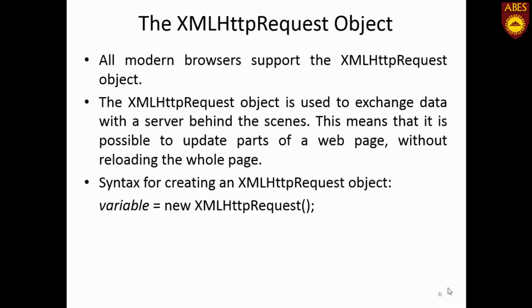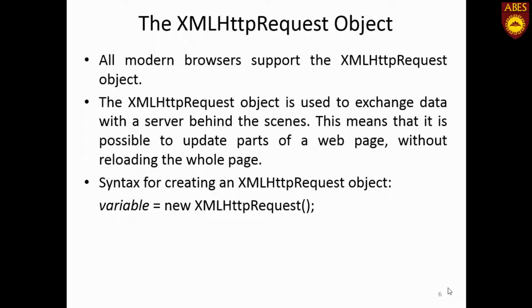Now the XMLHttpRequest object. Let's read about it. This is an object which sends the request to the server and also receives. All modern browsers support the XMLHttpRequest object. The XMLHttpRequest object is used to exchange data with the server behind the scenes.